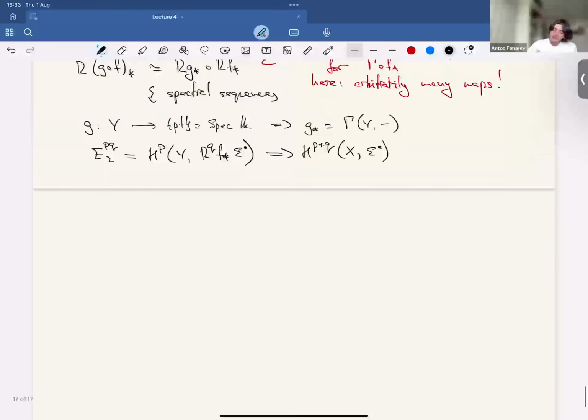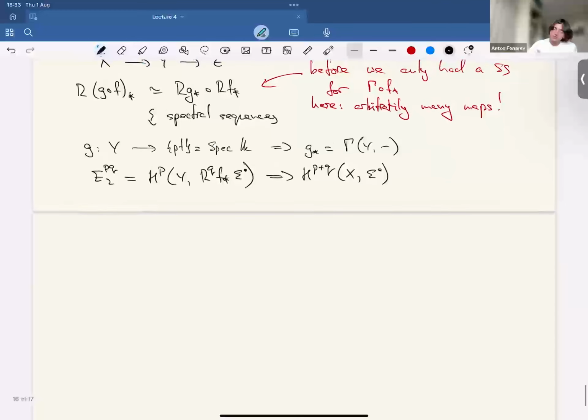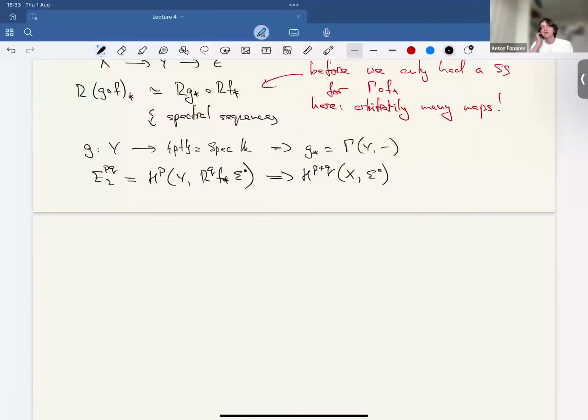More importantly, for just the general machinery, we don't have to reprove things every time by choosing appropriate resolutions. It says that you have even more spectral sequences.